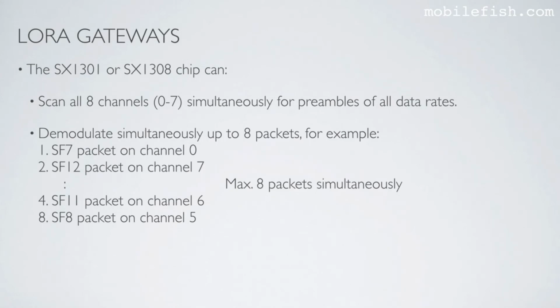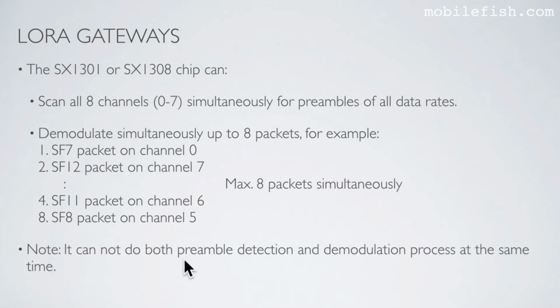For example, the first packet, a spreading factor 7 packet on channel 0, and the 8th packet, a spreading factor 8 packet on channel 5, which means maximum 8 packets simultaneously. Please note, it cannot do both preamble detection and demodulation process at the same time.